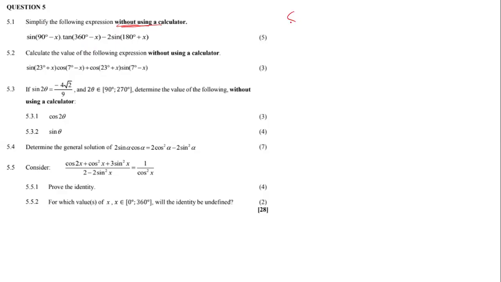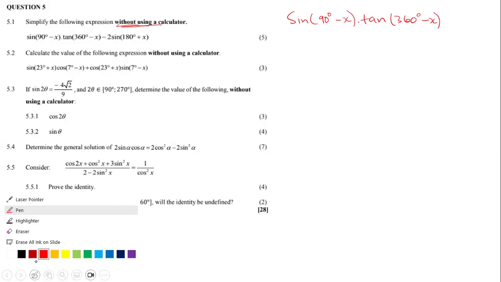So we have sine of (90 degrees minus x), multiply by tan of (360 degrees minus x). Okay, let me redo this by creating enough space over there.